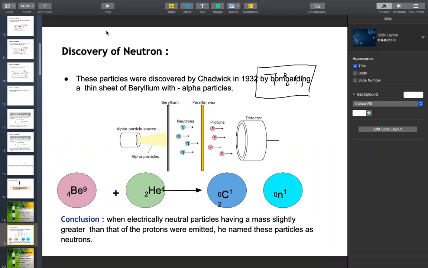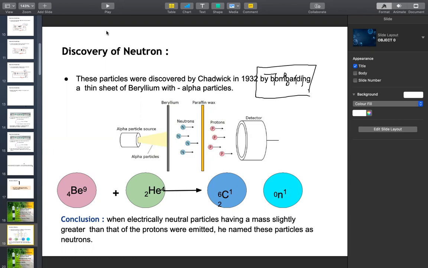The point is, it was proved that an atom has electrons and protons. The Rutherford gold foil experiment had also been done, which I will tell you about in a few minutes. A few minutes back we saw that the proton mass is almost 2000 times heavier than the electron mass.